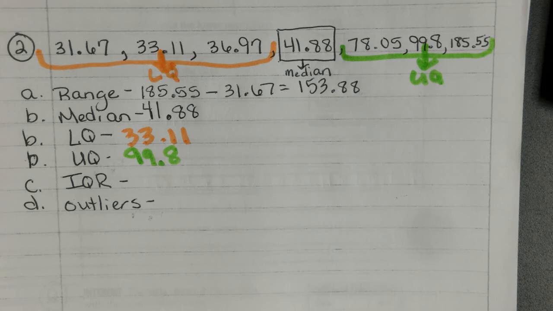Add them again. 36.97 plus 41.88 divided by 2. Oh, wait. We're not supposed to be adding. You skipped a number. I have 7 numbers, and you have 6 numbers. That's what's wrong. You skipped the median, I think. 41.88. Smack dab in the middle. No, you got the median. 78.99. You missed a 78.05 right there.